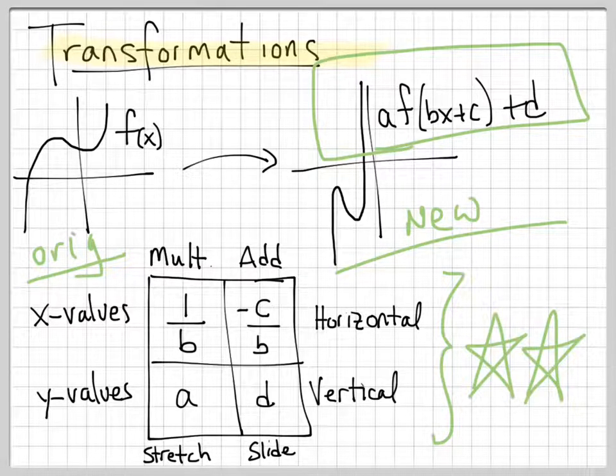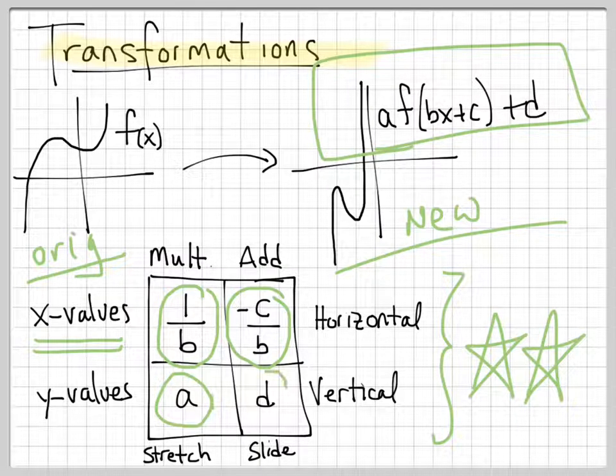This amazing chart tells you to take the x values and first multiply them by 1 over b, and then add negative c over b. Take the y values, multiply them by a, and then add d. We must always multiply first and add second.